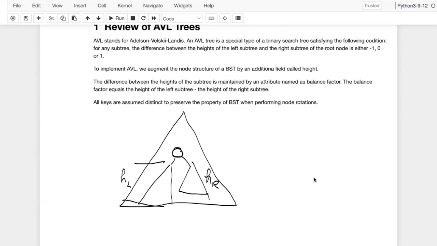We want HL minus HR to be either -1, 0, or 1. If this is true, then this binary search tree is an AVL tree. This is also called a balancing mechanism, and sometimes we call it a balance factor.